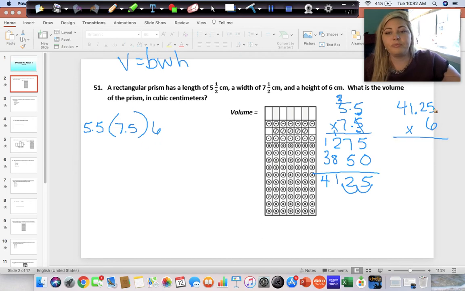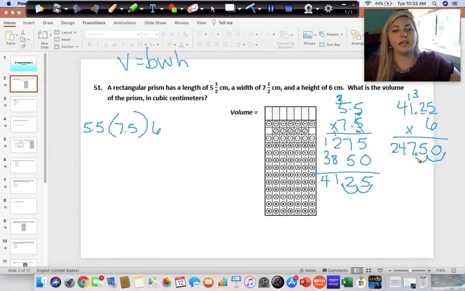So 6 times 5 gives us 30. 6 times 2 is 12, plus 3 is 15, carry the 1. 6 times 1 is 6, plus 1 is 7, and 6 times 4 is 24. And we have 2 decimal places here, so we're going to start at the back and move it over once and twice. So our answer is 247 and 50 hundredths.